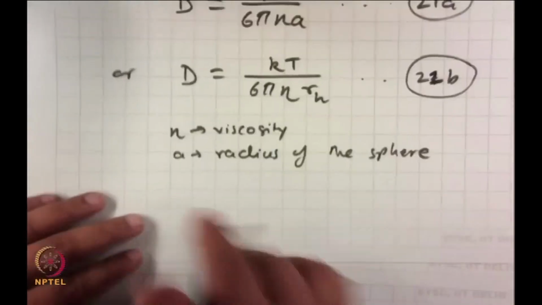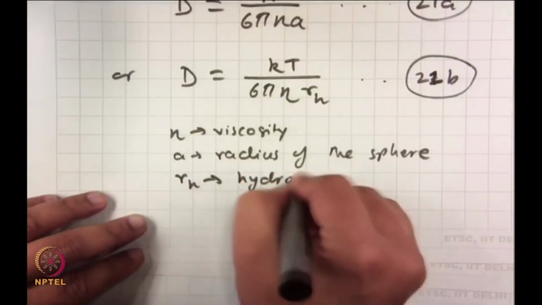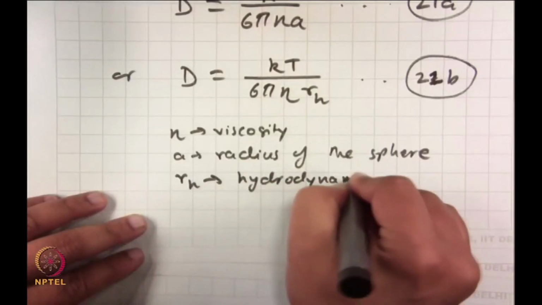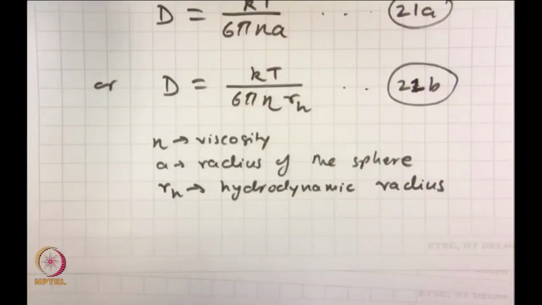R H is hydrodynamic radius. H stands for hydrodynamic, and obviously R is radius. Why do we say hydrodynamic radius? Because when your spherical particle is moving in, say, water, then depending upon its charge or whatever, it would be hydrated to a certain extent.